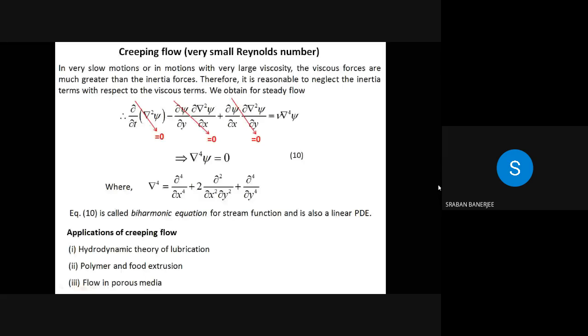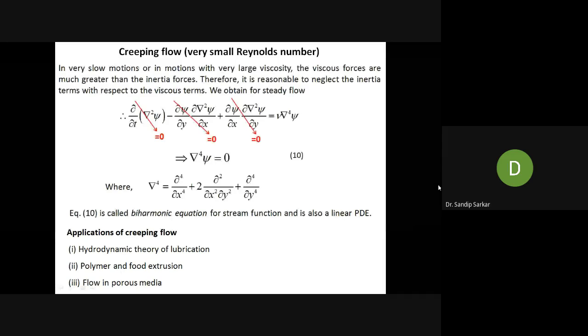What is your doubt, Shravan? For steady flow, the time derivative becomes 0, but why are we equating the derivative with respect to distance to 0? Is that distance or variable? x and y variables.